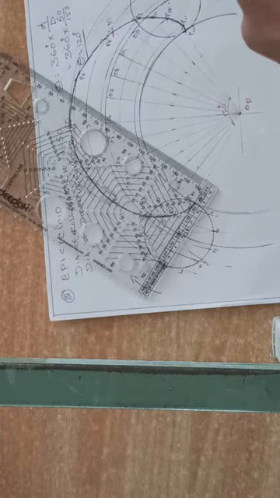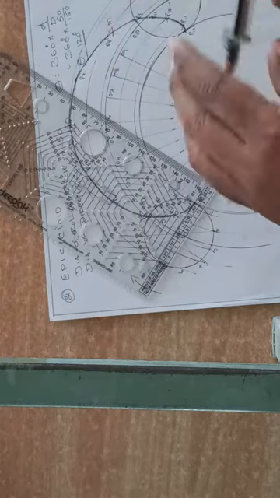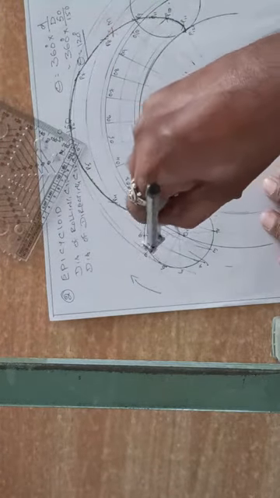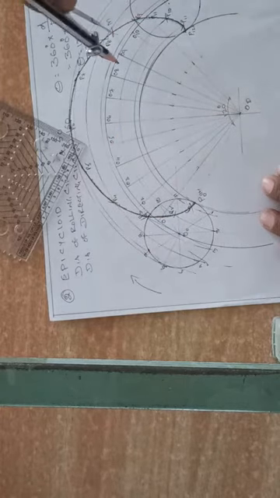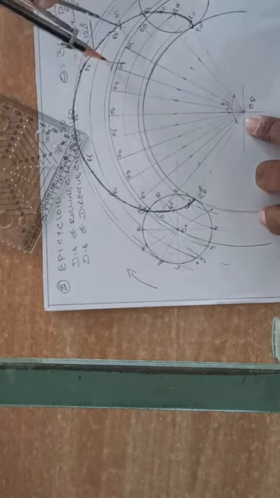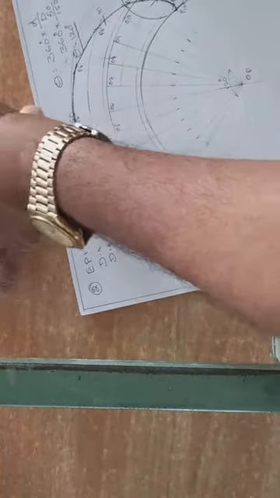Which circle radius have you taken? 25 mm. So 25 mm as radius, and M as the center, cut the locus of centers, the arc which is passing through the centers of the rolling circle.